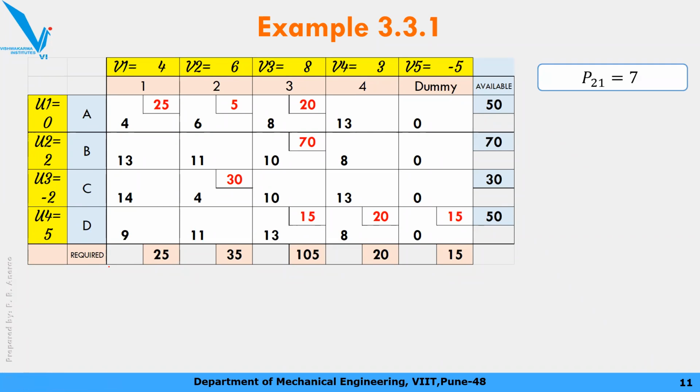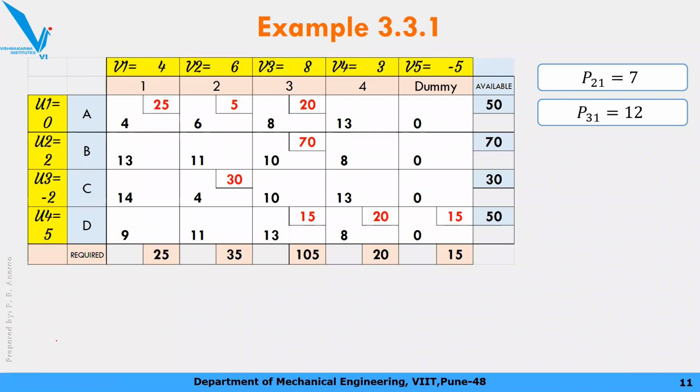Let's do the calculation for the remaining values. You can quickly do it, see. This 14 minus 4 plus minus 2. So 4 minus 2, 2. 14 minus 2, 12. So P21 is 12, positive 12. Next, again, I'll do the calculation for this.